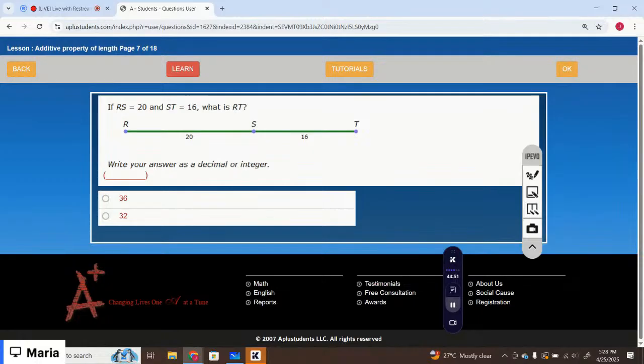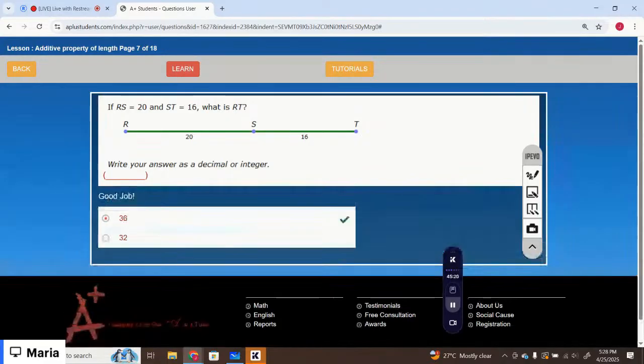If RS equals 20 and ST equals 16, what is RT? Thirty-six, it is option number 1, the correct option.